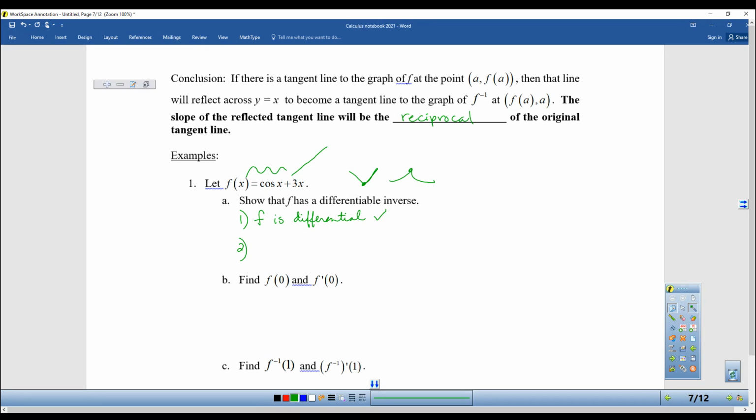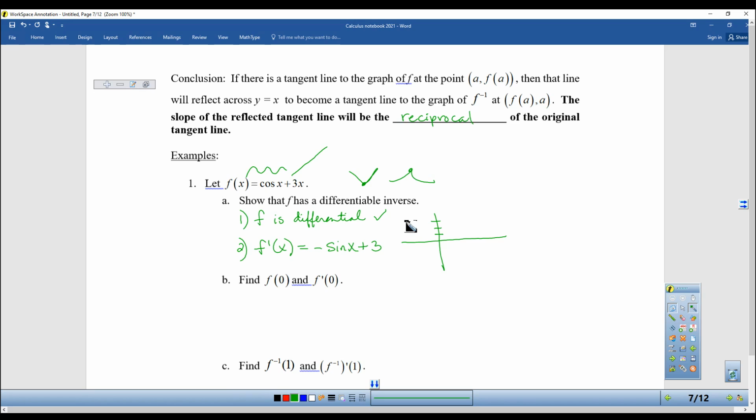The second thing it says at the top of your paper is that the derivative is never 0. So I take the derivative and I get negative sine of x plus 3, which if you guys think about this, negative sine of x plus 3.